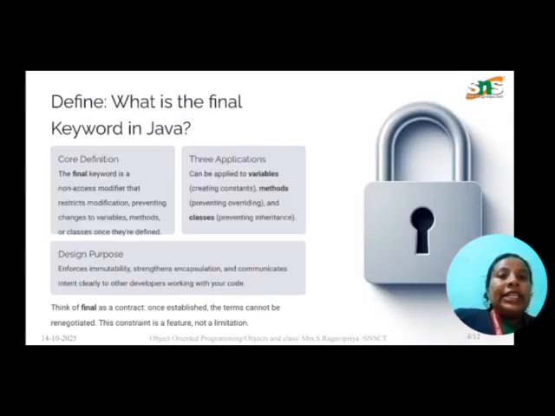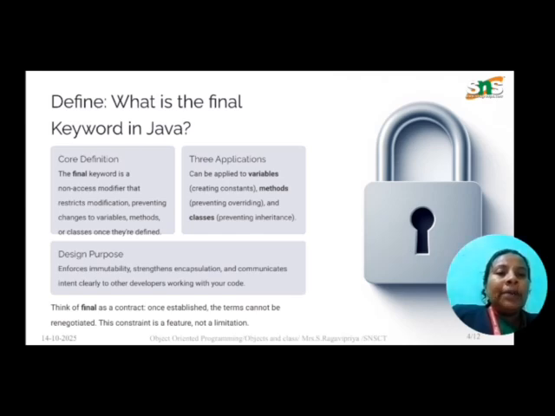So what is the final keyword in Java? The core definition: the final keyword is a non-access modifier that restricts modification, preventing changes to variables, methods or classes once they are defined.